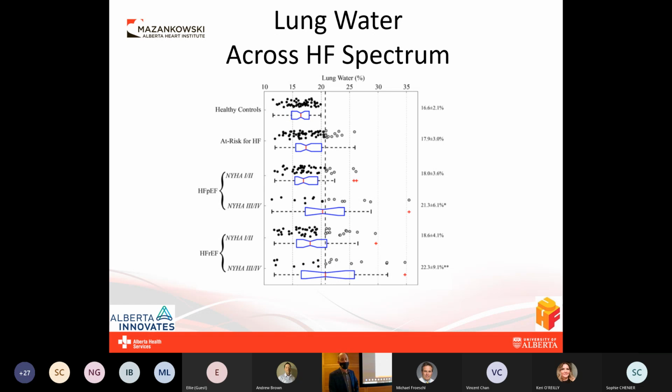And in fact, 26% of the patients in either heart failure or at risk had abnormal or wet lungs defined by our normal threshold. So these were ambulatory heart failure patients. These were patients coming from home to get a scan.